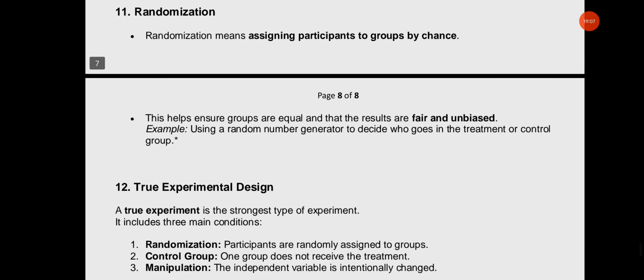So, the example of randomization: I have 30 students in a class and I want to test a treatment on them. So I make two groups of 15 students each, one control and one treatment group. This is the method by which I separate these 30 students into 15 and 15. This is randomization.